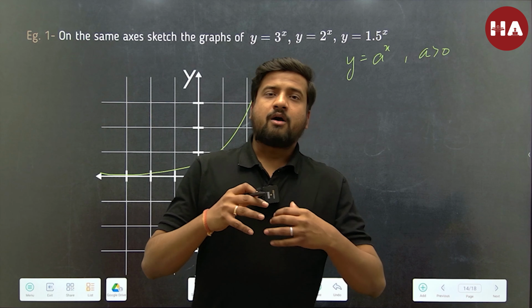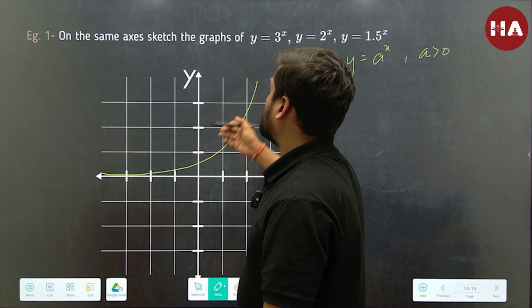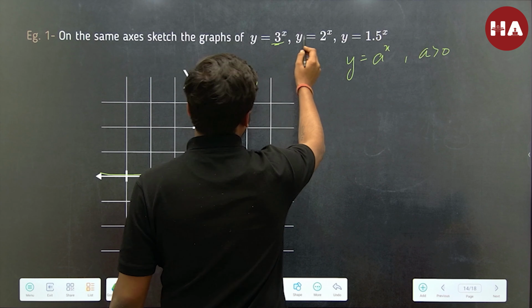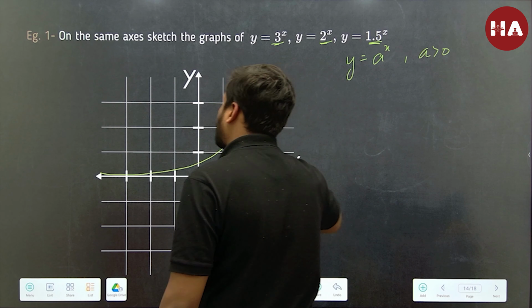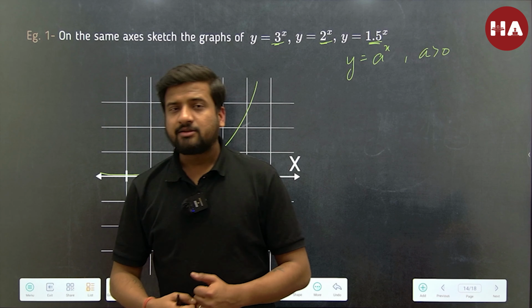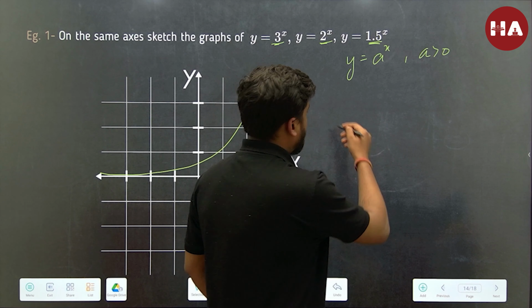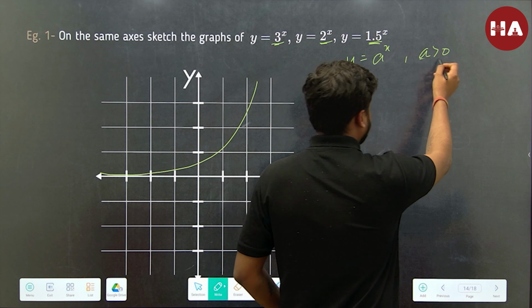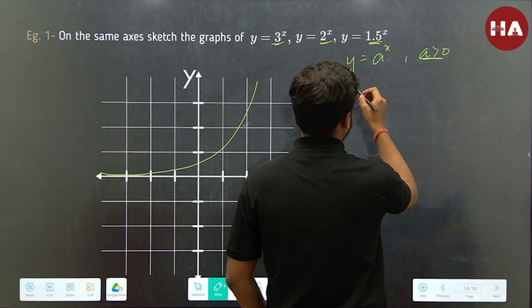Now, how do we differentiate when all the a's are positive but have different values? Make note of this point in this condition when a is greater than 0.